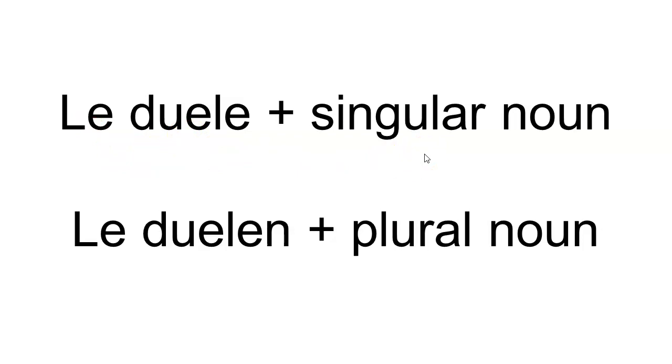Le duele el oído. In other words, his ear is hurting. If it's both of the ears, los oídos, then I have to change the verb form to duelen with the n because this is plural. The ears are hurting. In other words, singular, the ear is hurting. Plural, the ears are hurting. And then, of course, the le is to him or to her, whatever the patient is. Okay. So here's the underlying grammar structure.